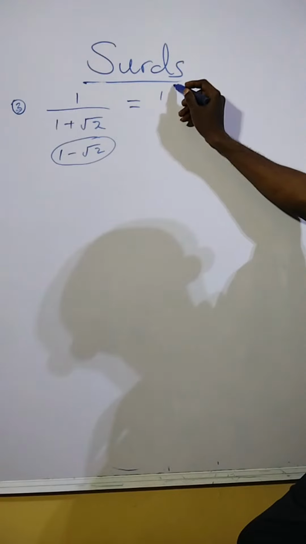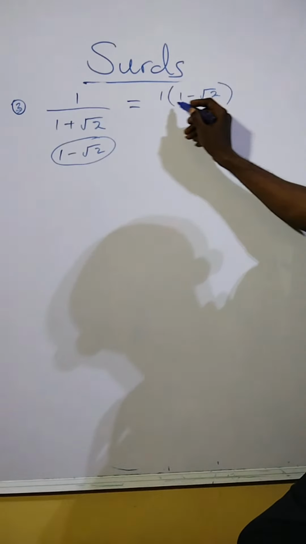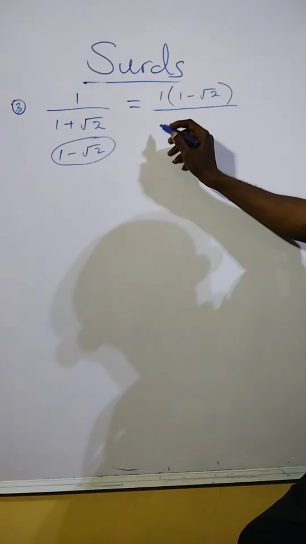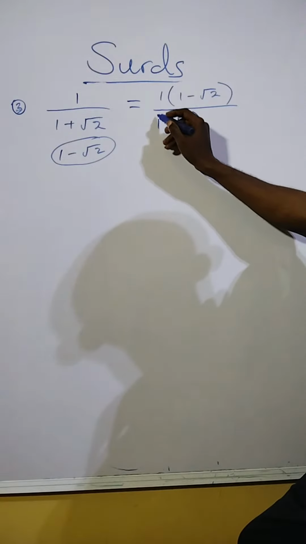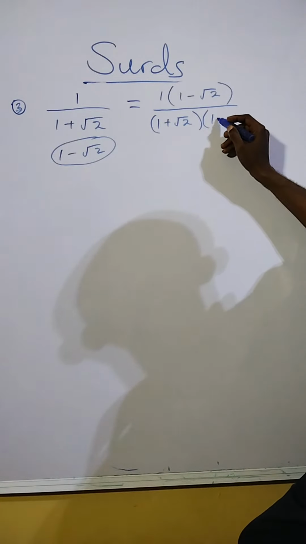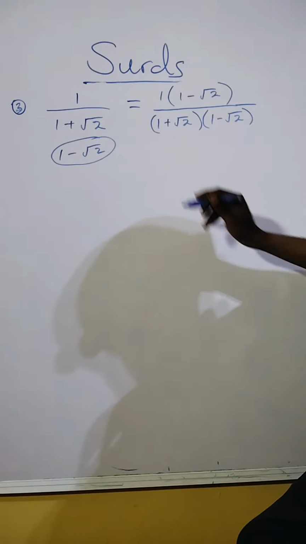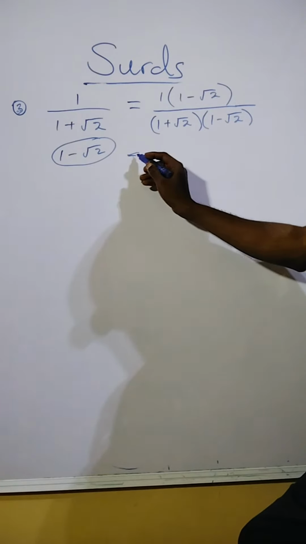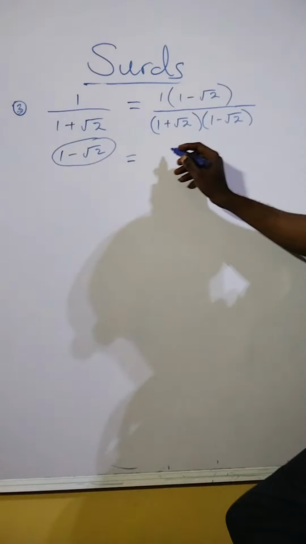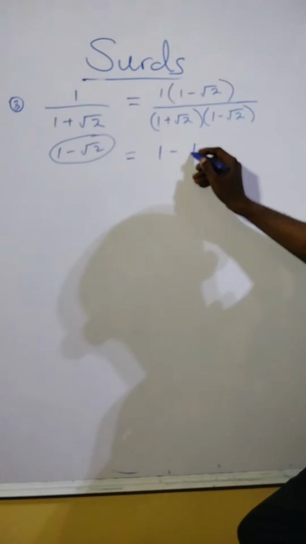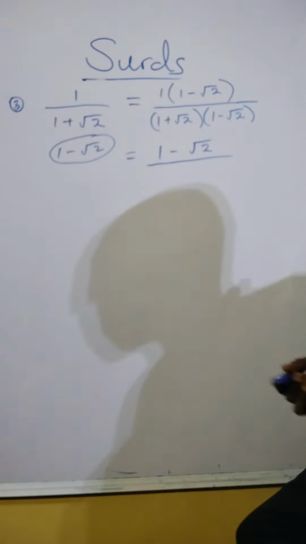That is, here we have 1 times 1 minus root 2, then divided by, also we have 1 plus root 2 times 1 minus root 2. That is, now, when we expand from here, 1 multiplying this is same thing as 1 minus root 2, then divided by, here these are also conjugate surds.